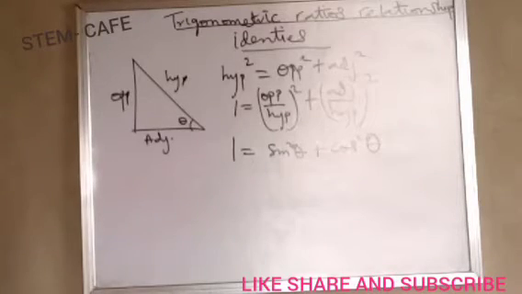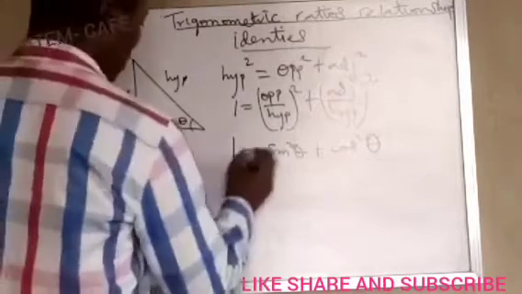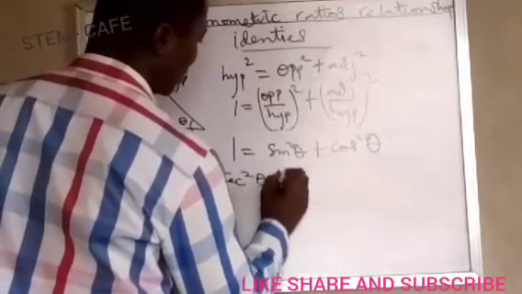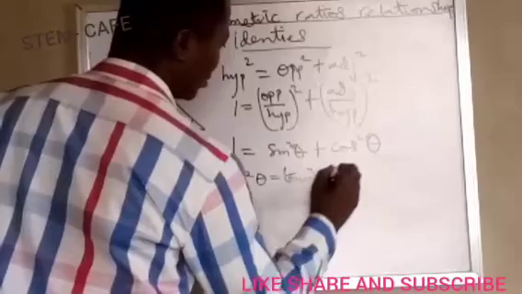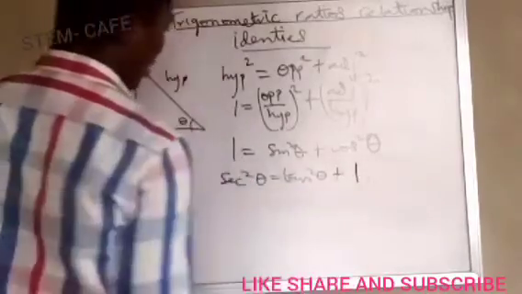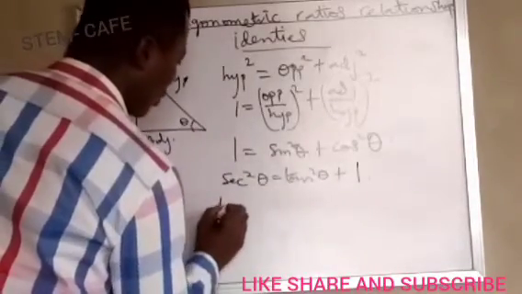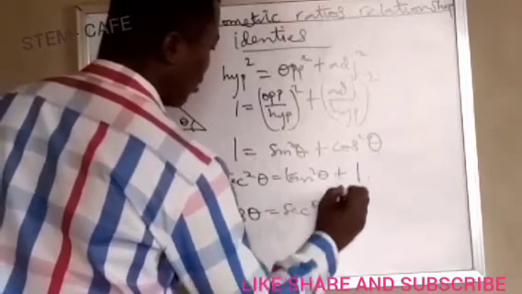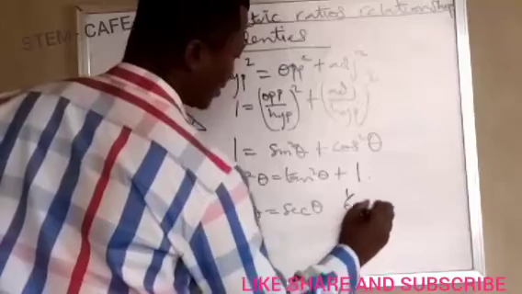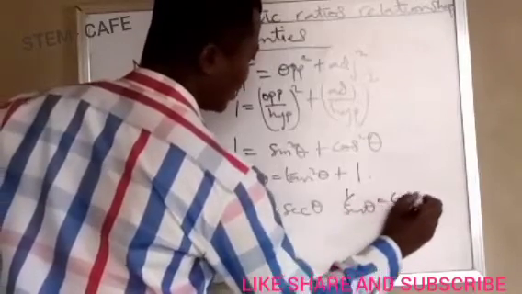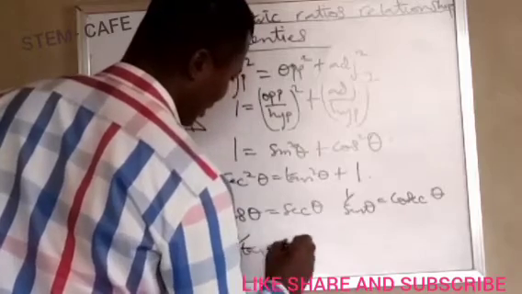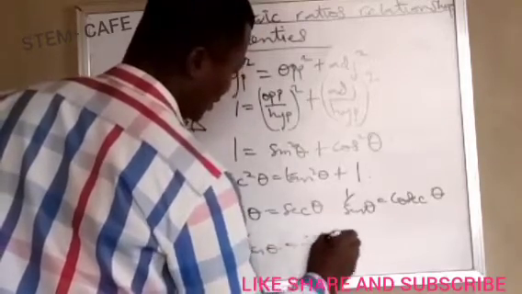Let's divide through by cos square theta. So I'm going to have sec square theta is equal to tan square theta plus 1. Since 1 over cos theta is equal to sec theta, 1 over sin theta is equal to cosec theta, and 1 over tan theta is equal to cot theta.